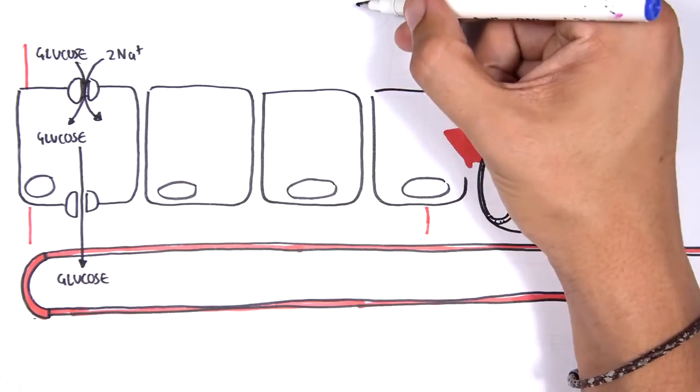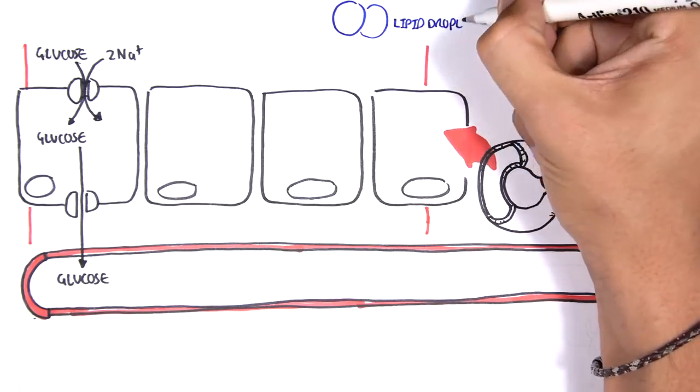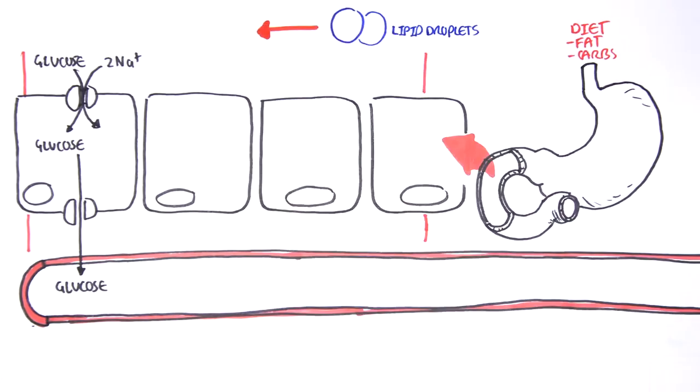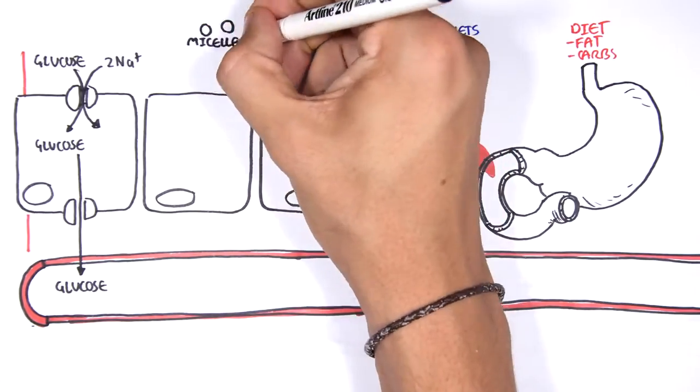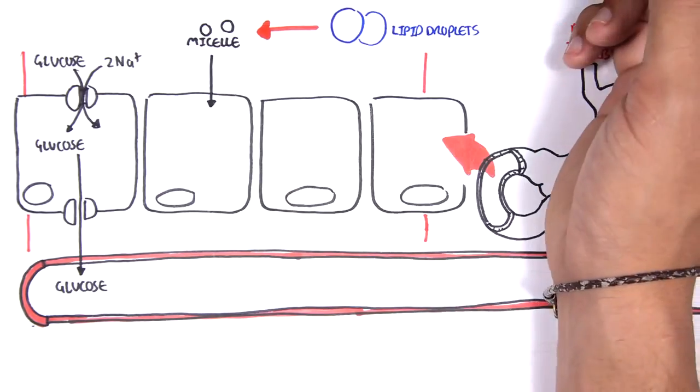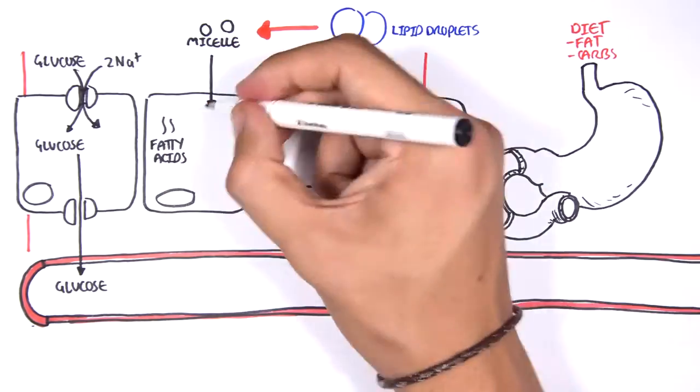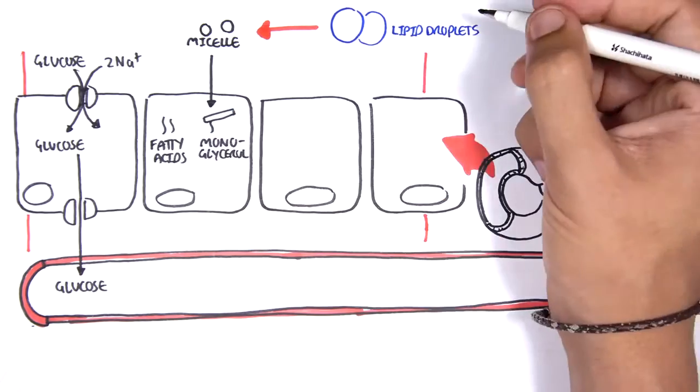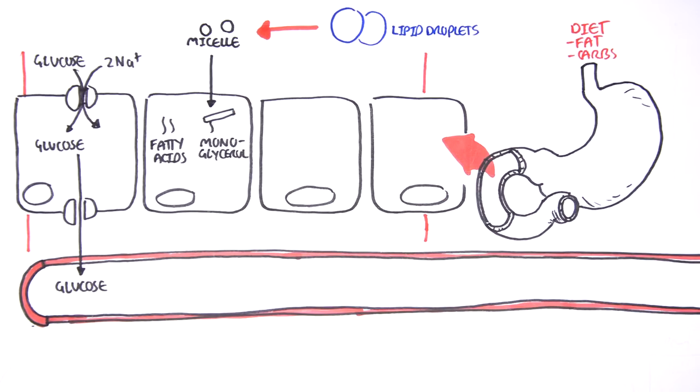The fats in the diet arrive in the small intestine as lipid droplets. The lipid droplets are digested and emulsified into micelles, which are then absorbed into the intestinal cells as monoglycerides and fatty acids. And also cholesterol is absorbed.